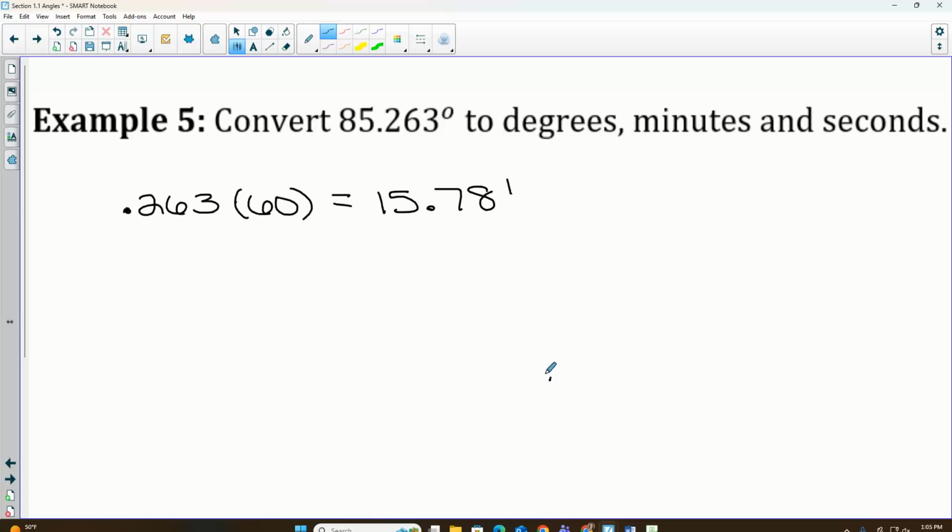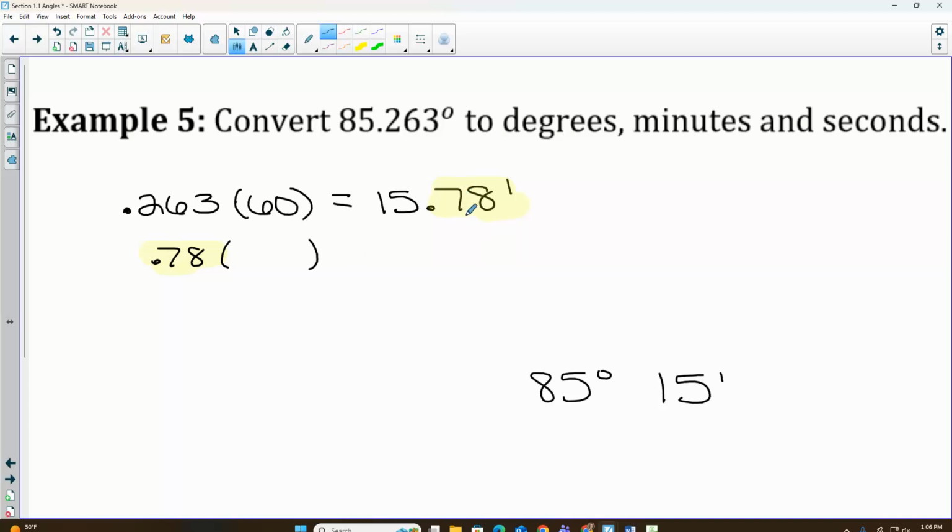So I currently have 85 degrees, 15 minutes. But now I need to take this 0.78 minutes and turn that into seconds. Now here's where sometimes people get confused. When we're dividing, we divide by 3,600, right? Because we had seconds, we were taking it to degrees.